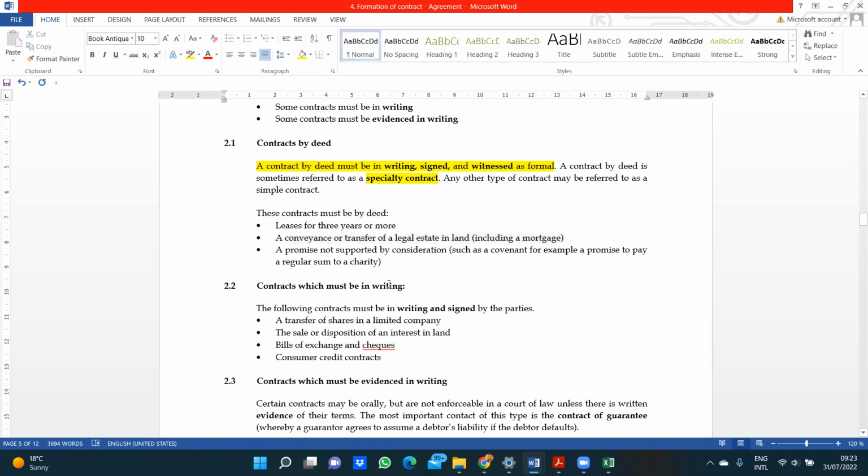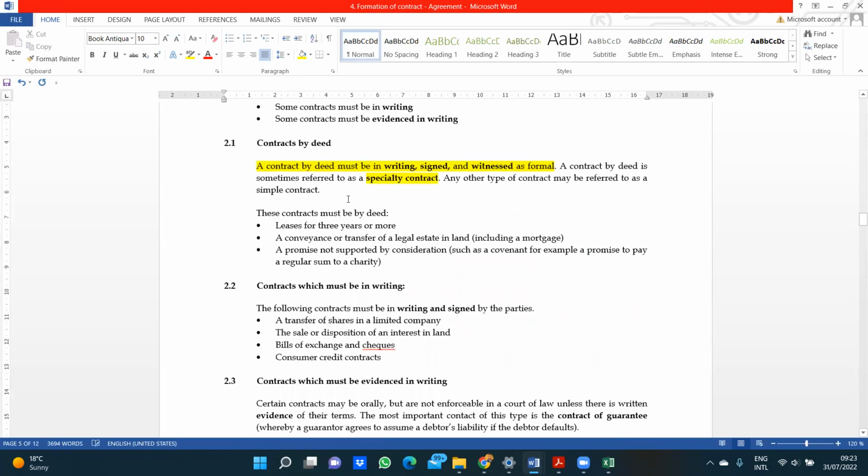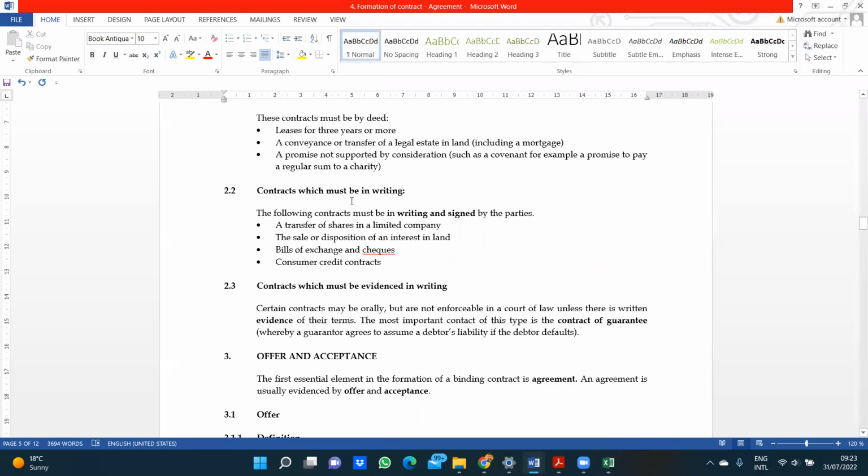So these are contracts that must be made by deed. Some contracts can be made in writing. The following contracts must be made in writing and signed by the parties.